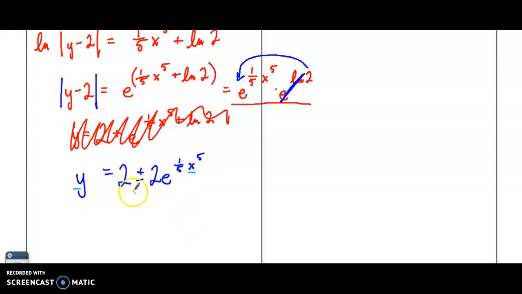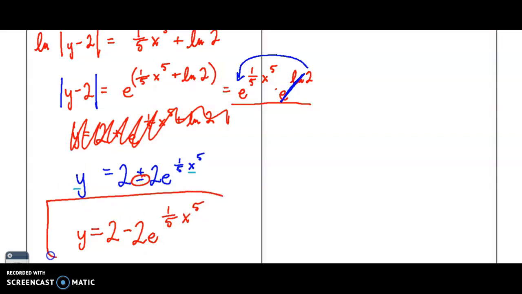So that's why I should have left this as absolute value and left this as plus or minus. The option that we want is the minus in order to get y equals 0. There we go.